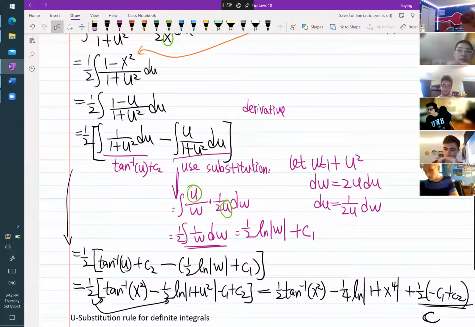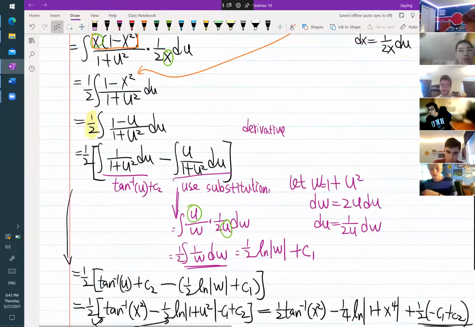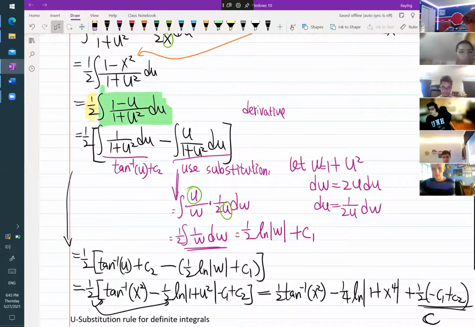Let me show you this. The half that we took out comes from earlier. That half multiplies the entire integral, so it multiplies this expression. And then that integral, if we separate it, becomes those two parts.